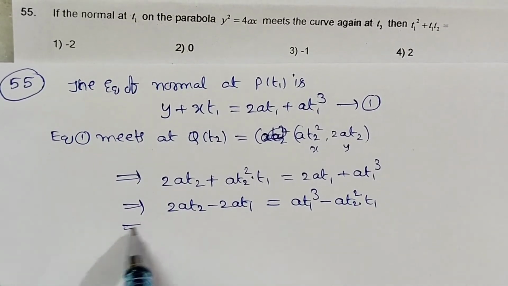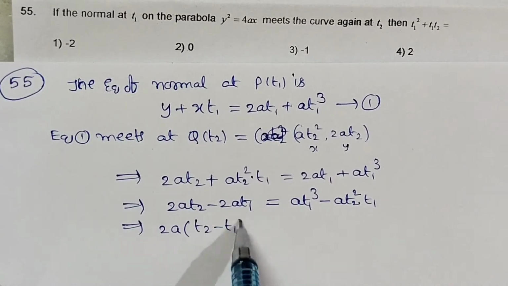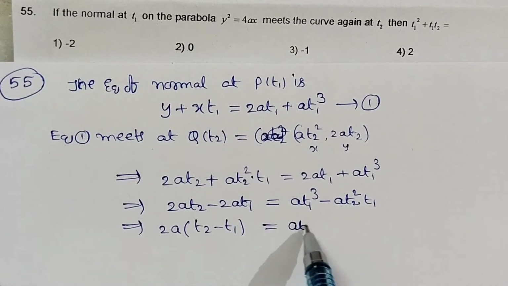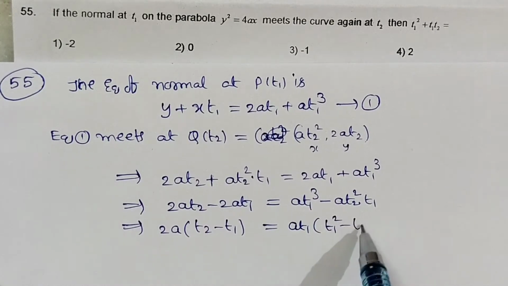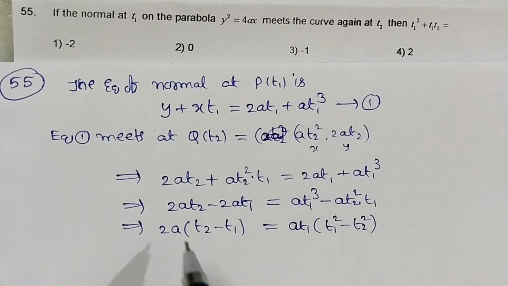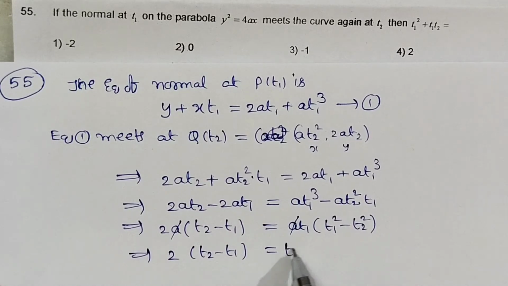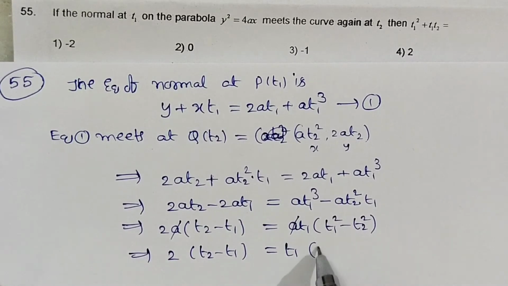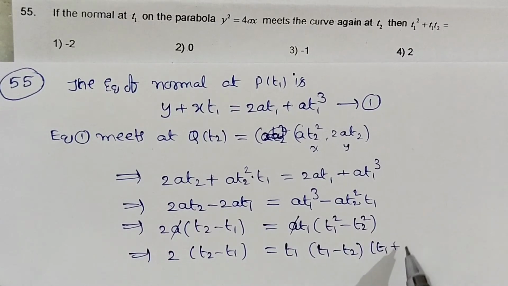Now take 2a common on the left side, t2 minus t1. On the right, take a t1 common, t1 square minus t2 square. So a gets cancelled. So 2 into t2 minus t1, and here also t1 into t1 square minus t2 square, which means t1 minus t2 into t1 plus t2.